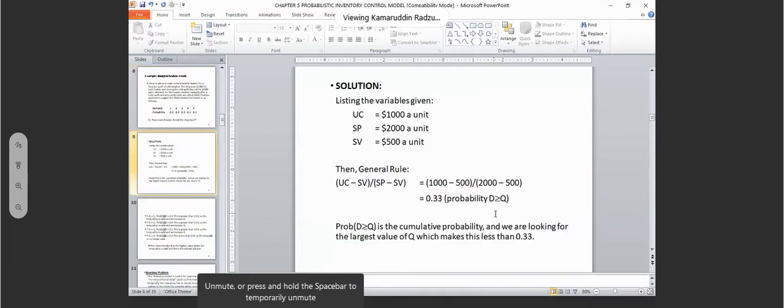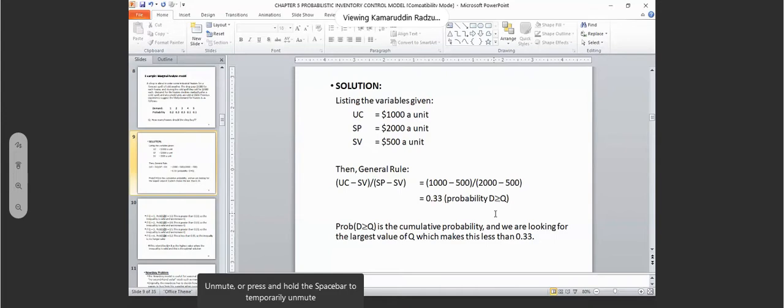So, we list all the variables from the problem example that we have. The unit cost is 1,000, and the selling price of the heater is 2,000 ringgit per unit, and the scrap value, or the salvage value, is 500 ringgit per unit.